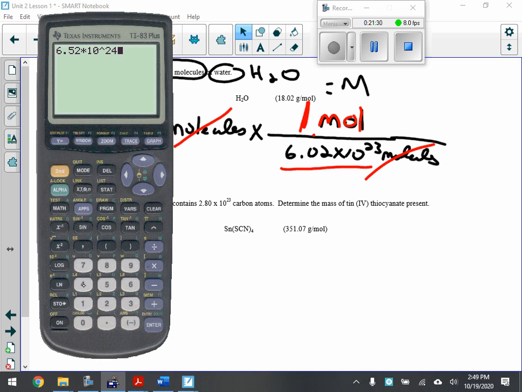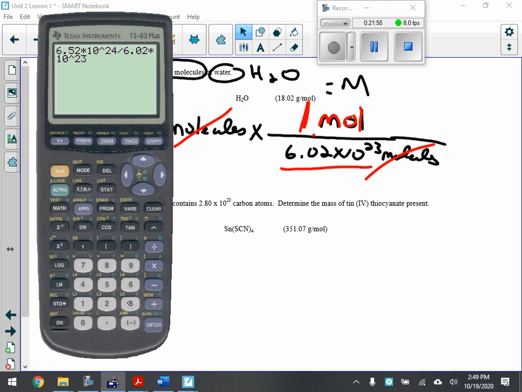So it gave you the right answer, but not based on what we wanted to do. This right now will take 6.52 times 10 to the 24. Great, that's what we want. Divided by 6.02. Okay. It'll do that next. Then take that answer and times it by 10 to the 23.